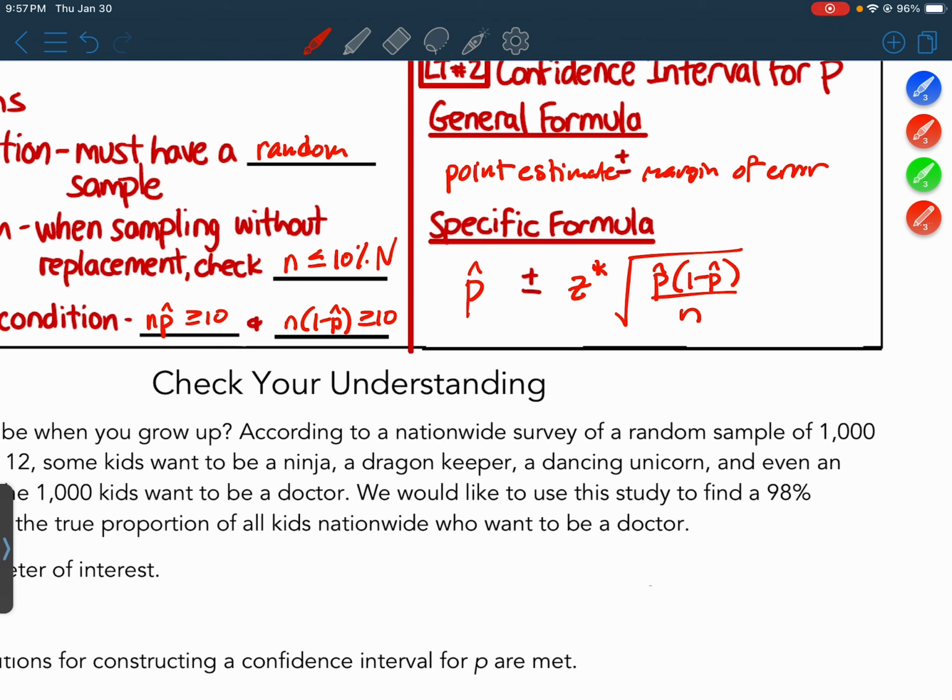So I'm going to add a couple extra labels here. So that's the standard error, and that's the critical value. And then combined, that gives you the margin of error.